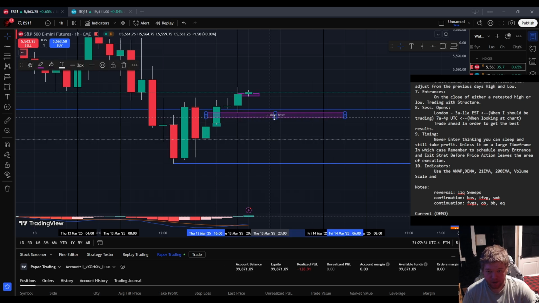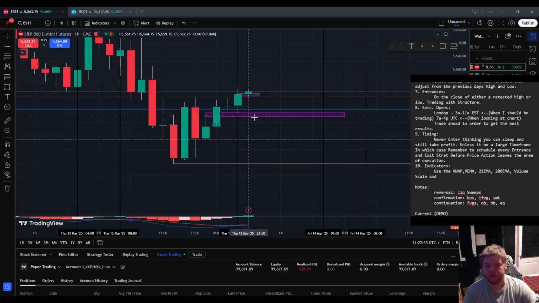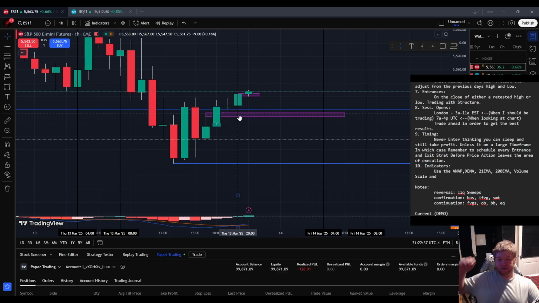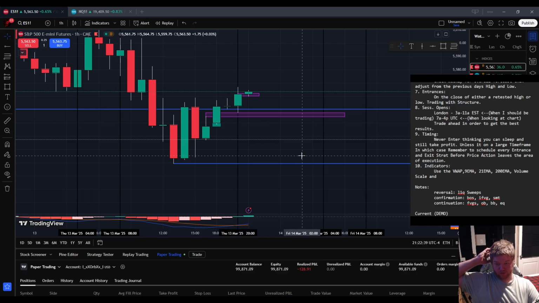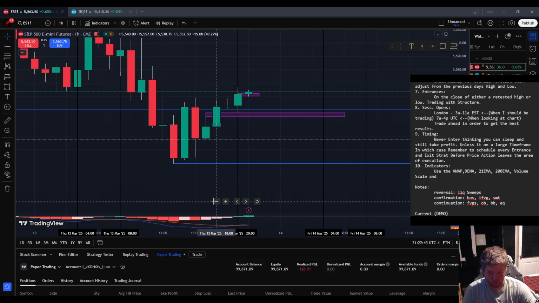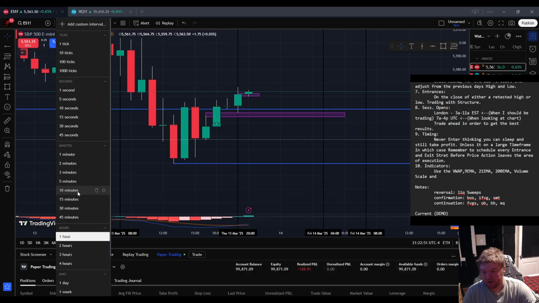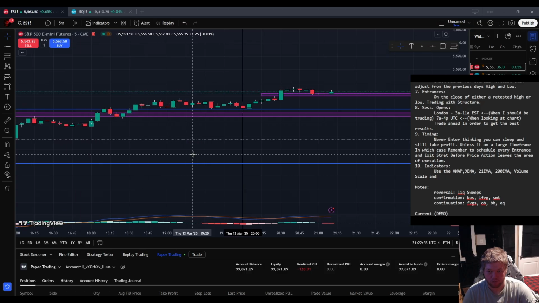Because it does not matter, I don't think. It's an inverse fair value gap. Price came down, but it didn't close through this. So if I had to guess, I'm going to say price is going to come back down, just because that has been formed and I was able to spot it on the hour. So from here, we go back down into the 5 minute. Boom.